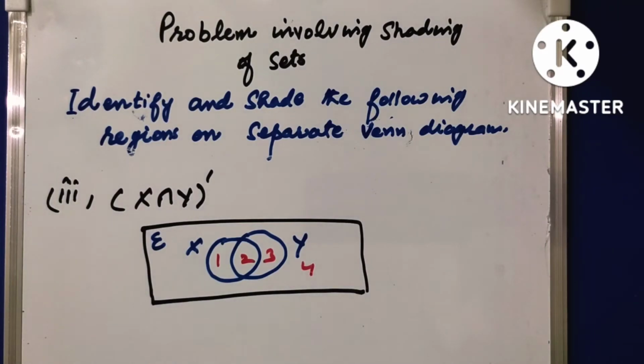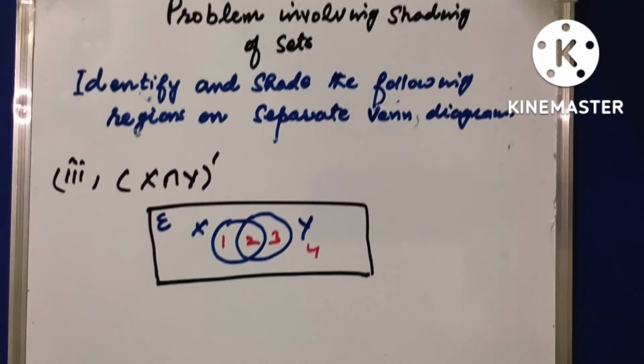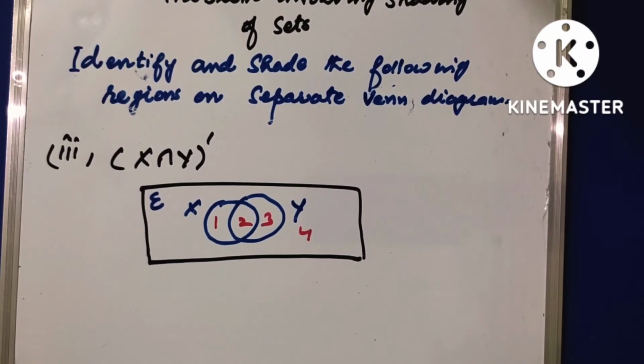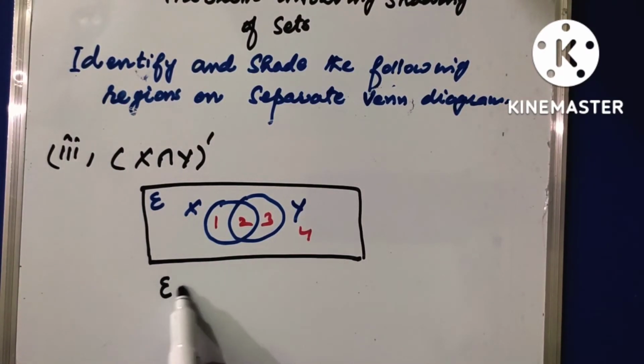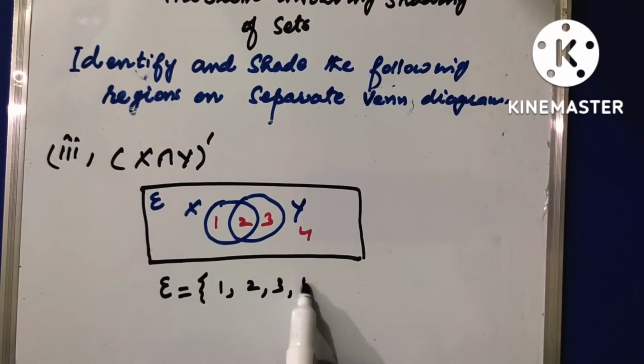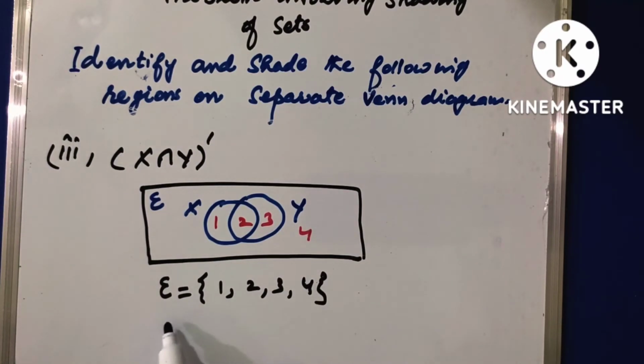Now afterwards we can list them. Universal set, according to the definition, is a gigantic, huge set that contains all the elements. Now X equals 1, 2 and Y equals 2, 3.